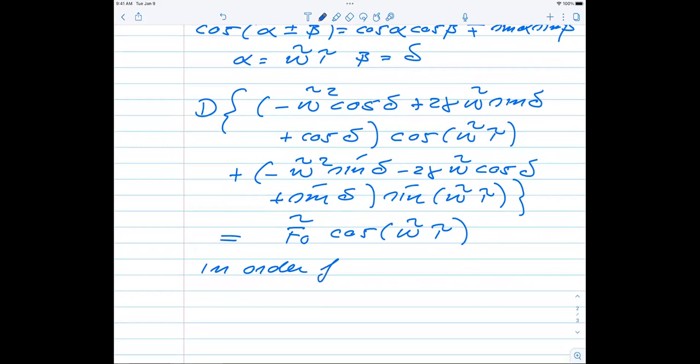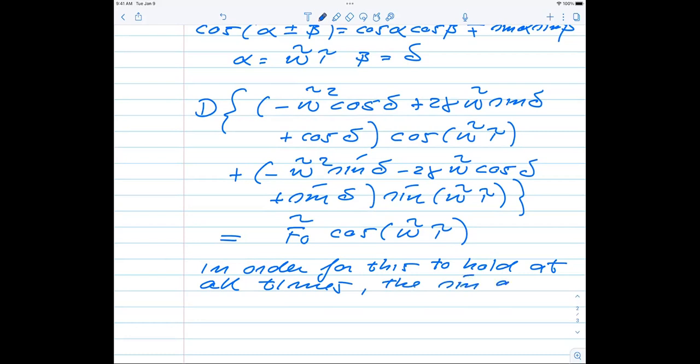So in order for this to hold at all times, the sine and cosine parts have to be equal.